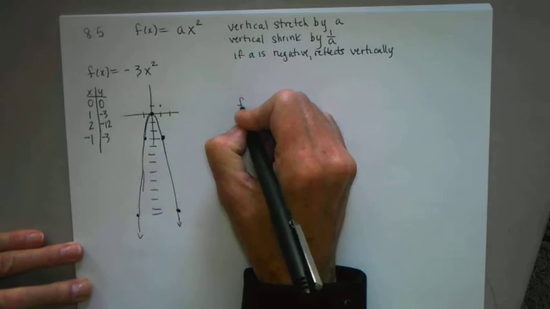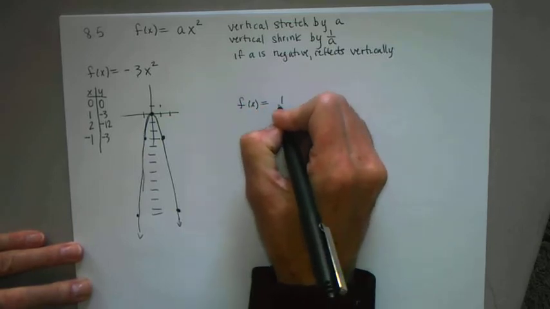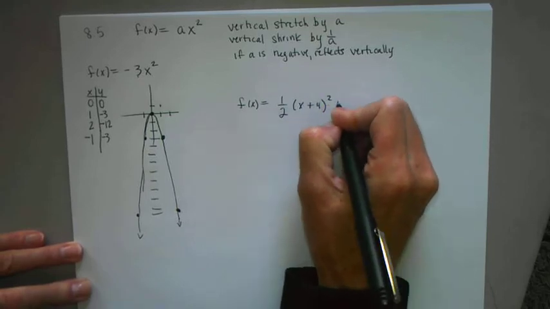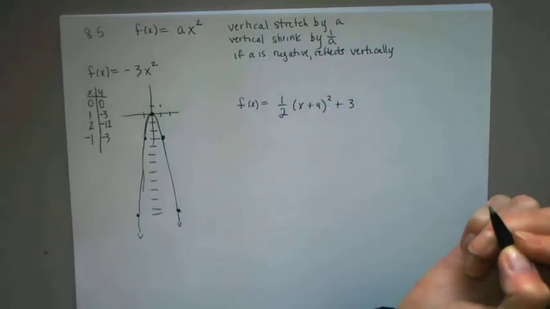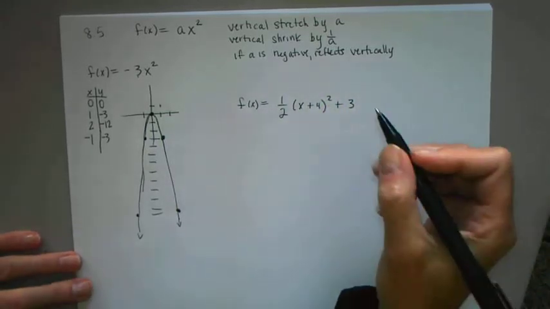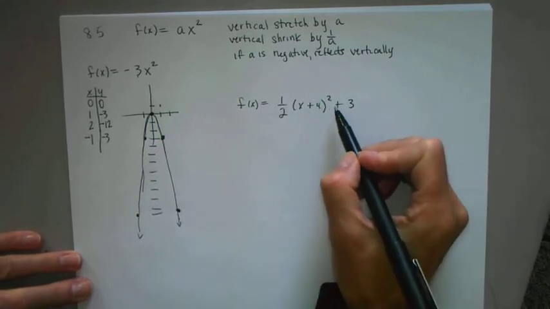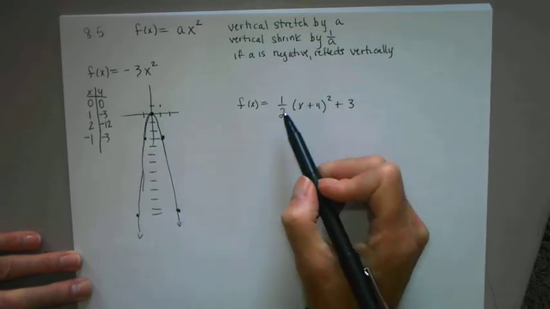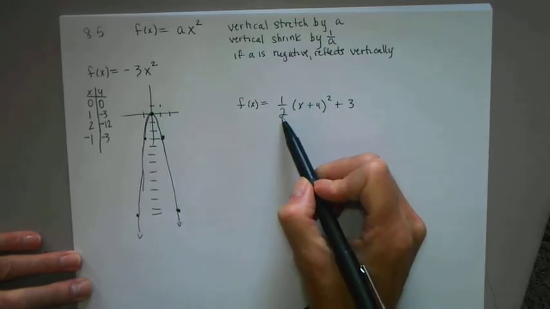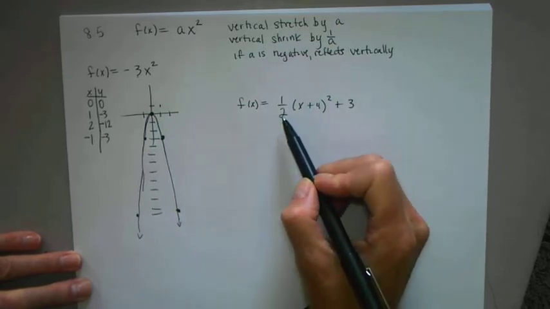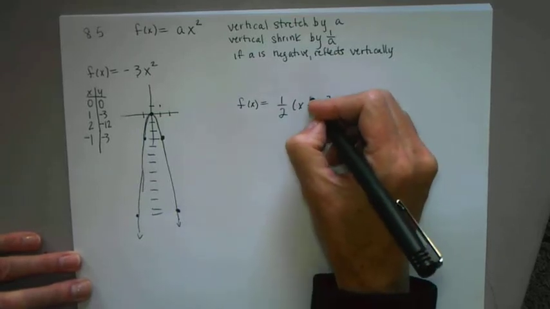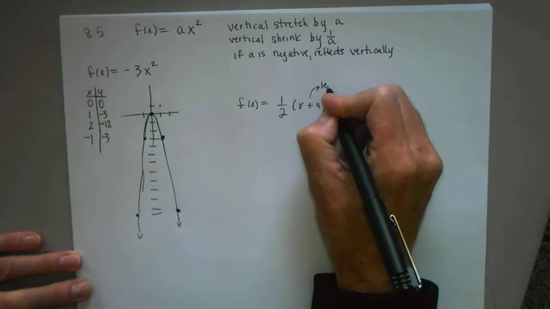Let's do f of x equals 1/2 (x plus 4) squared plus 3. Okay, so first of all, let's take care of our shifts. So if you wanted, you could go to a table and start plotting points, but we know this is a shrink, a vertical shrink by 1/2. We know this is in parentheses with the x, so it's going to move it. We'll do the opposite of the sign.